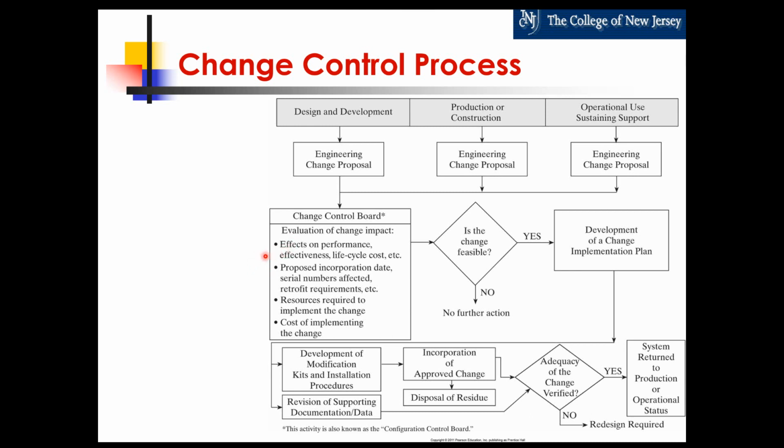You can add to this, but at least here we give you a tool, we're seeding that process with some things that are pretty generic and it can apply to a lot of different products. So effects on performance, how, if something that is already in the field, how is that going to impact the resources required? So that's important to implement the change, and the cost.